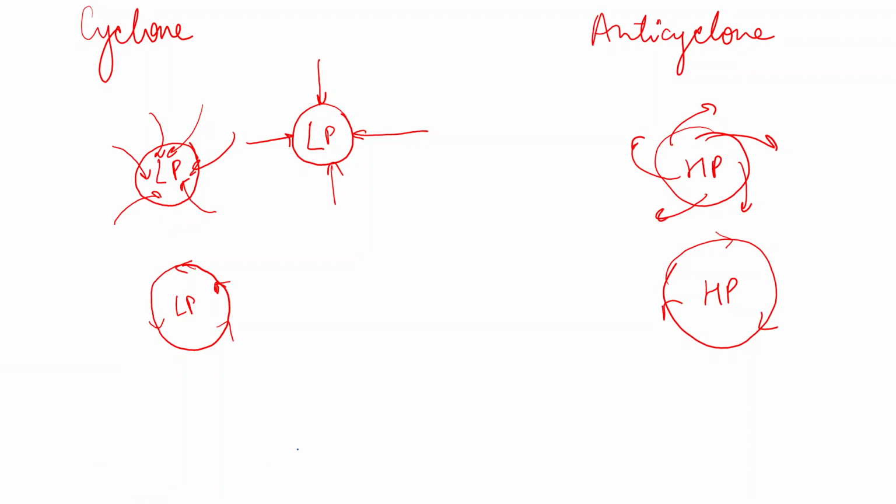Due to Coriolis effect and Ferrel's law, in the northern hemisphere, the moving winds will be deflected towards their right, right of the original motion direction. So you can see here, as the winds are coming in, they get deflected towards right, and therefore we get this kind of a pattern.